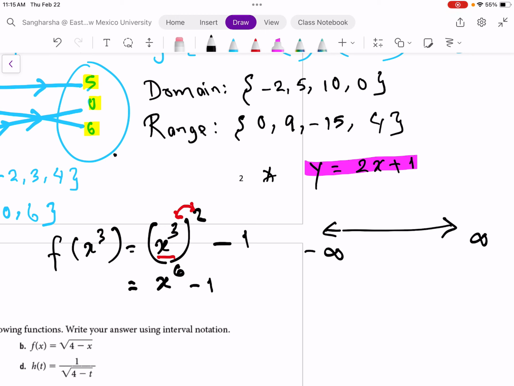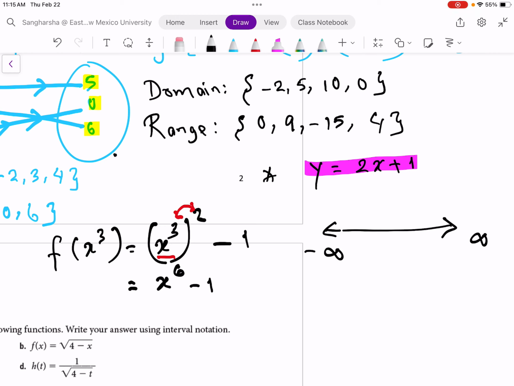What number can we choose for x so that we can get a value for y? We are trying to list every possible value for x such that we get a value for y. What kind of number can we choose for our x here?